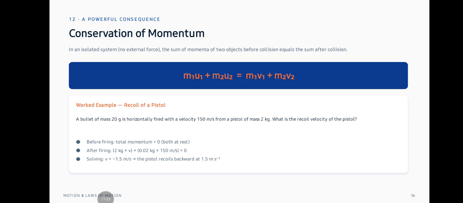A bullet of mass 20 gram is horizontally fired with a velocity 150 meter per second from a pistol of mass 2 kg. What is the recoil velocity of the pistol? You have been given the worked example. Using that formula you can have the answer.